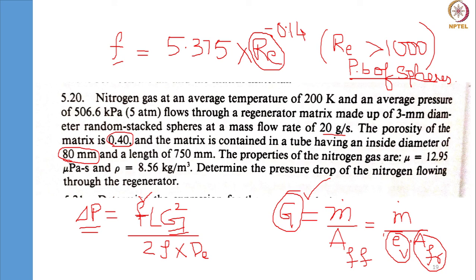After finding out mass velocity, I go one step forward to find the Reynolds number, G d by mu.